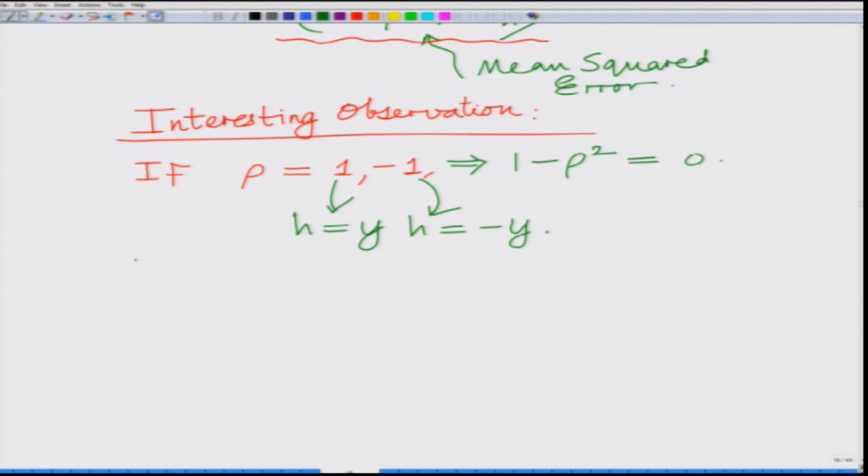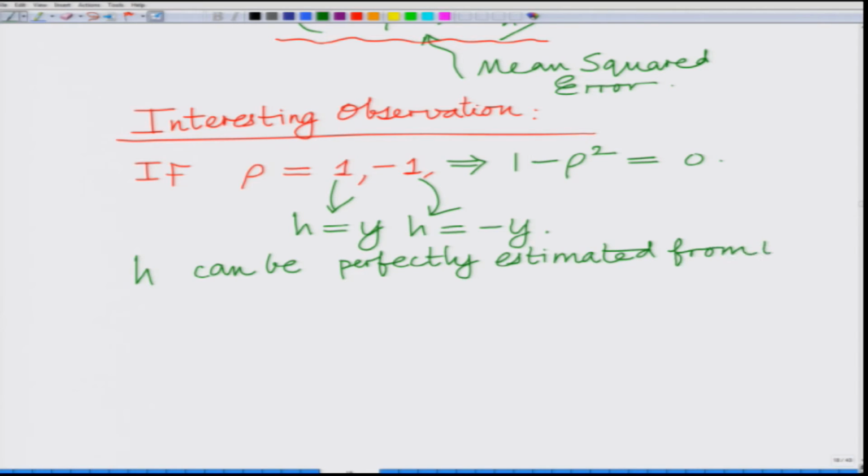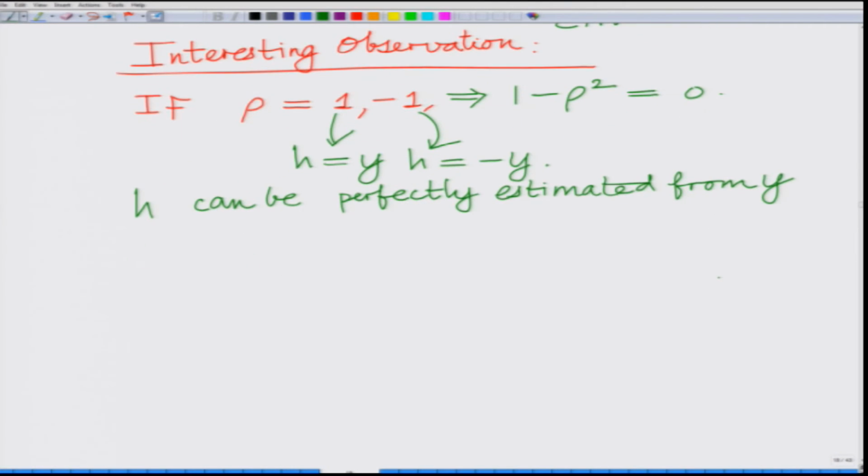So, a colloquial way of saying it is h can be perfectly estimated from y since the correlation is -1 or 1. If the correlation is 1, h is equal to y, if the correlation is -1, h is equal to -y.